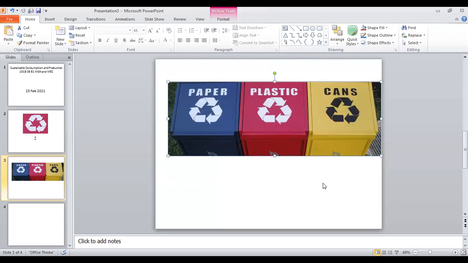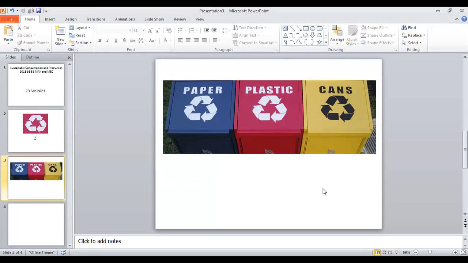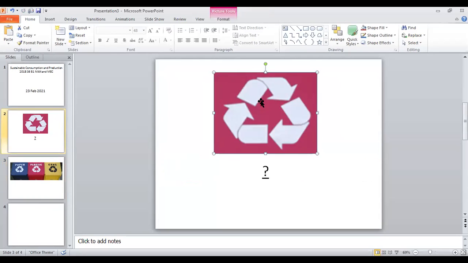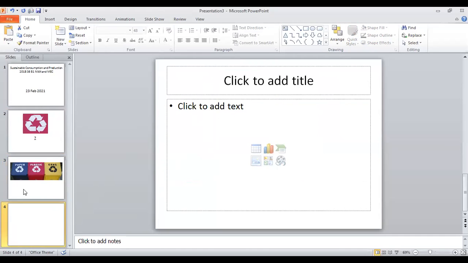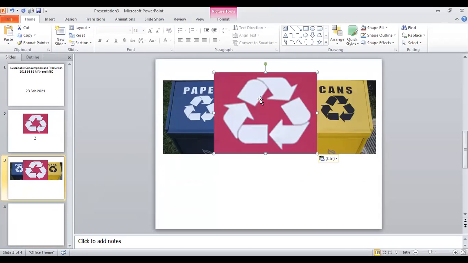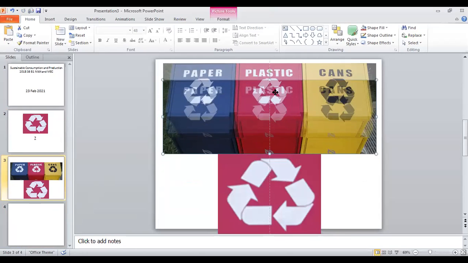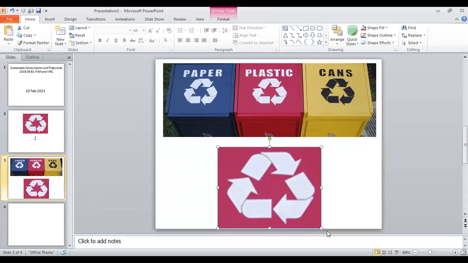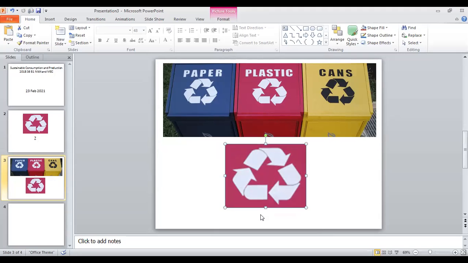Even in these baskets, you are seeing this. As you see these arrows, you can see that this looks like something in circulation.